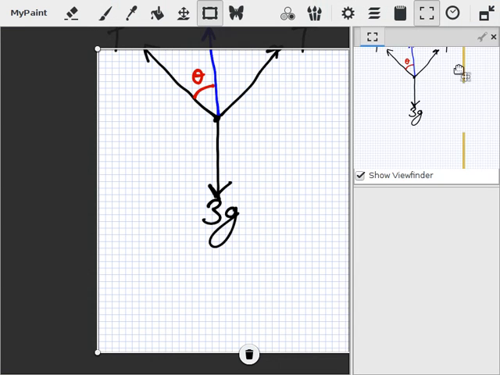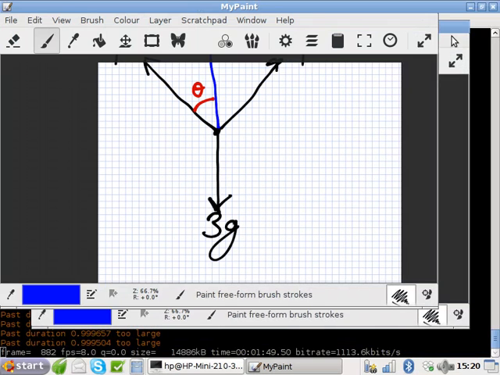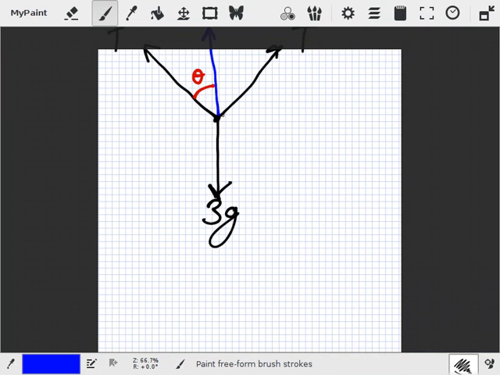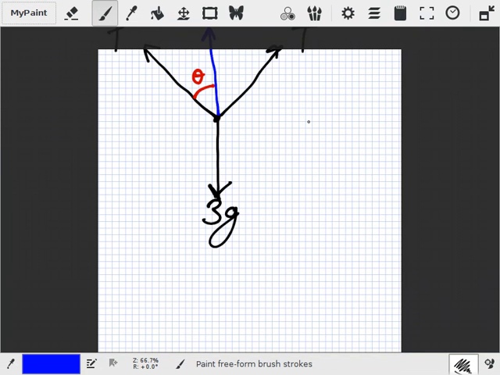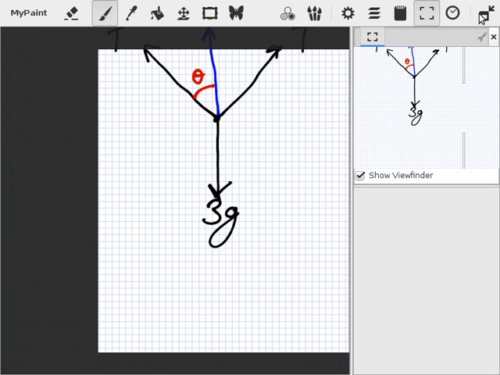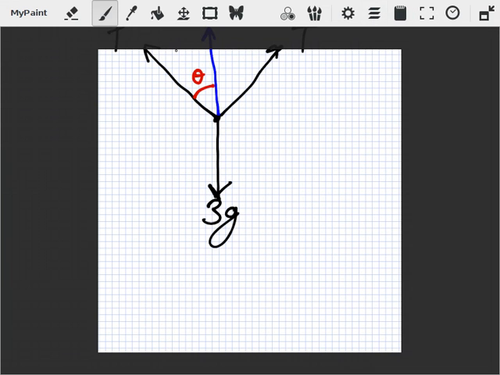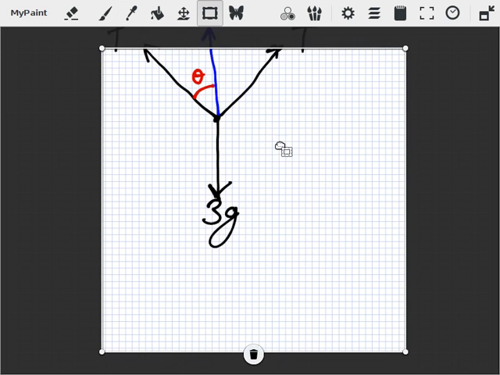Oh, hang on, something's gone terribly wrong. The heck? DEFCON 2. How did I get rid of this? I don't even know what I pressed. Can I still write? No, I can't.